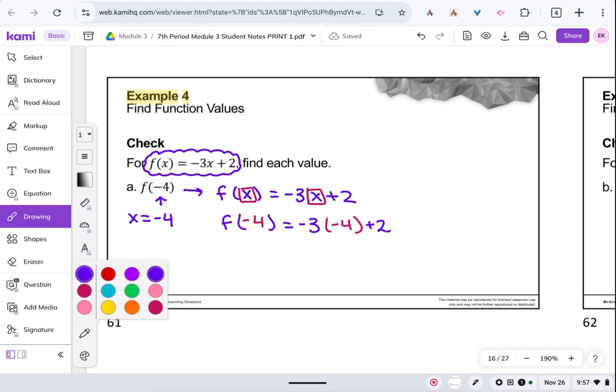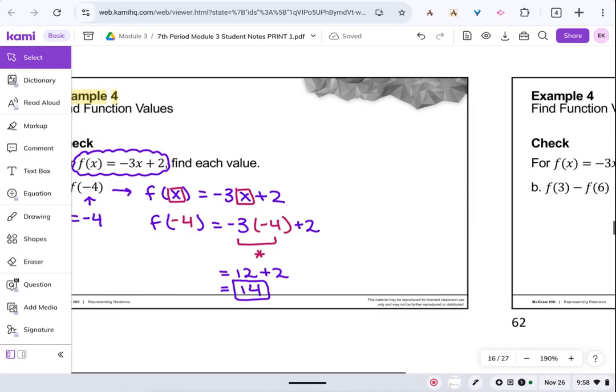And again, we're just looking at the right-hand side. So we're going to multiply these values first. So negative 3 times negative 4 is 12. And then we'll have 12 plus 2 is 14. And then that will then just be my solution. We don't have to do anything else because it's just asking for f of negative 4.